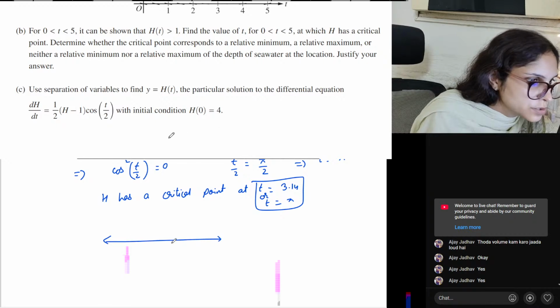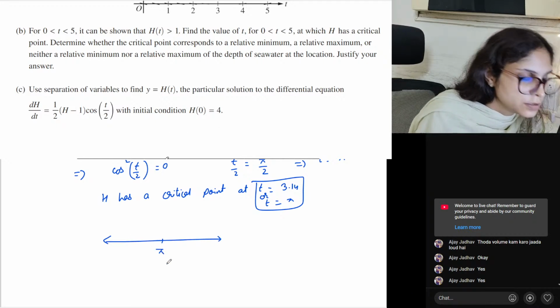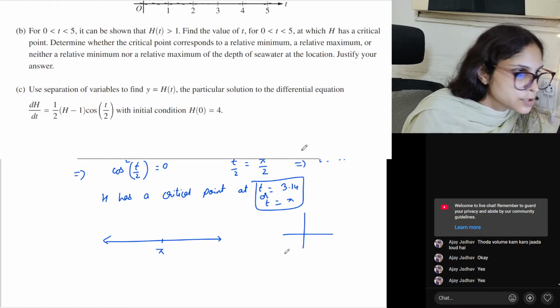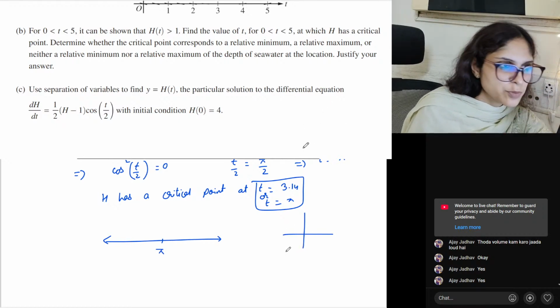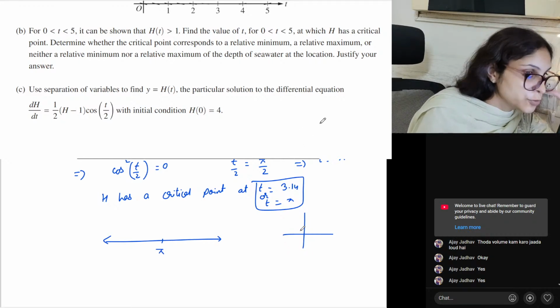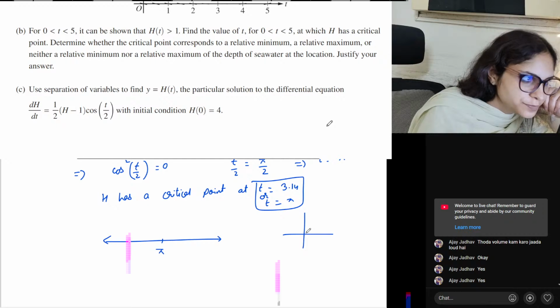So now this is your critical point pi. And this is the graph of cosine, because only cosine t over 2 is identifying whether it is going to be positive or negative, because half is positive, h minus 1 is positive, as we have shown that h minus 1 is greater than 0. So cosine t over 2, at 0 the value is 1.